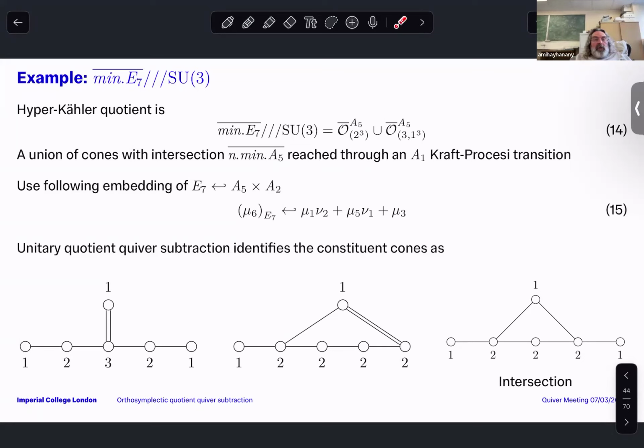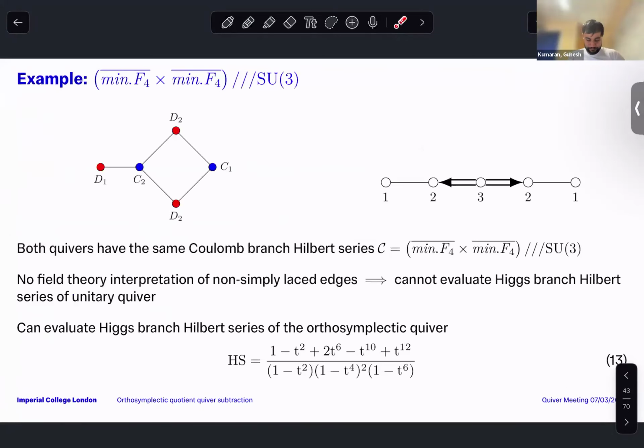Guhesh, what's the dimension of the Higgs branch in the previous case? 1, 1, 2, 3. It's maybe 2, but no. Wait.